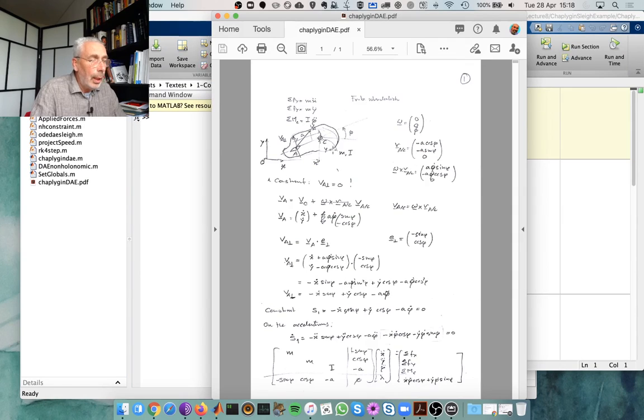So this is the derivation sheet, but it's exactly the same as what I did now on the iPad. Exactly the same, small a, capital A, but for the rest it's the same.